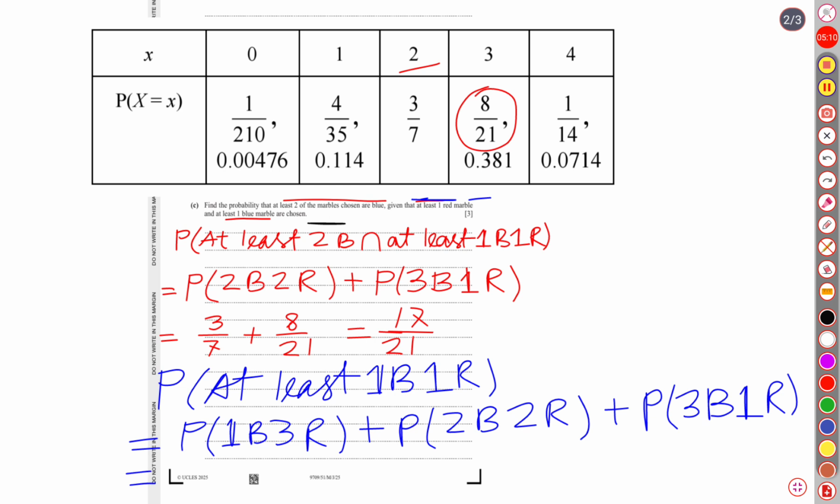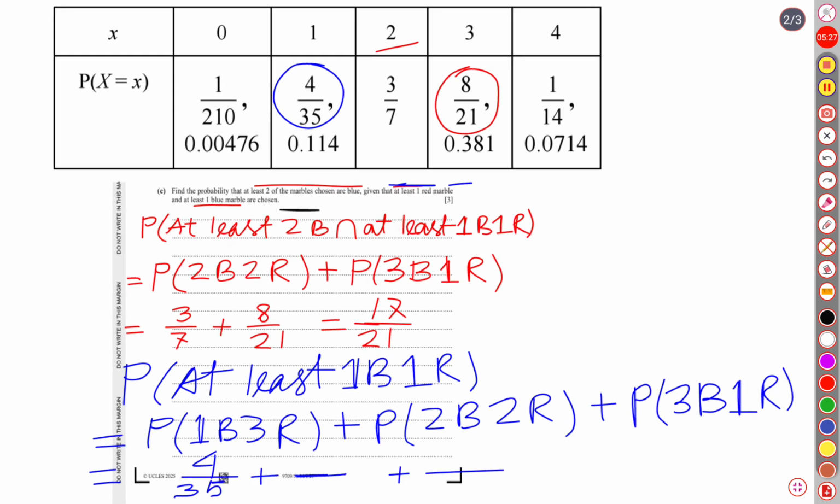Now from the probability distribution table, we can find the probability for one blue marble. This is 4 over 35. Then the probability of picking two blue marbles is 3 over 7.